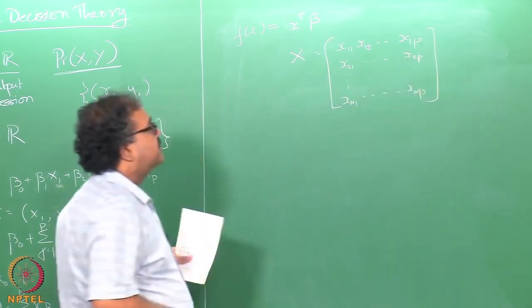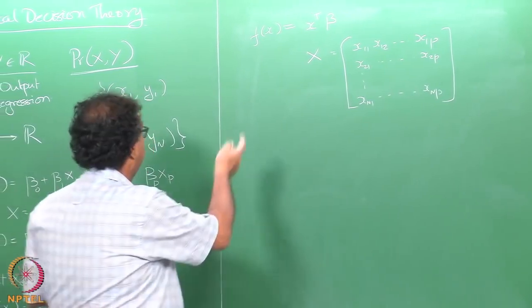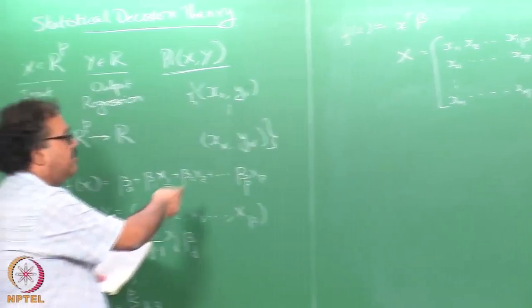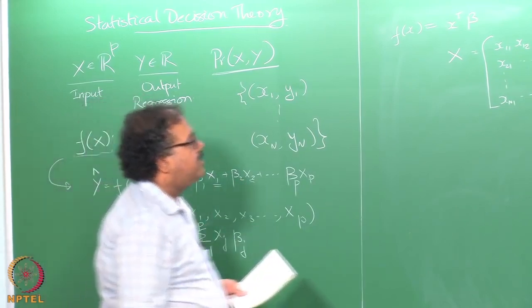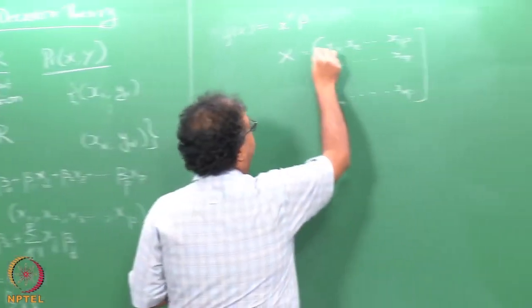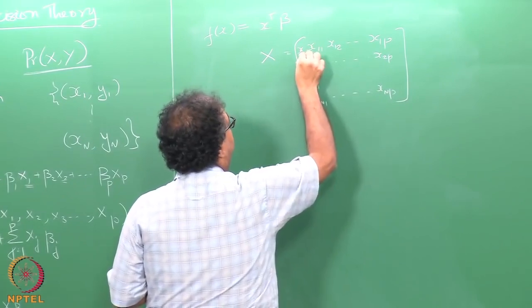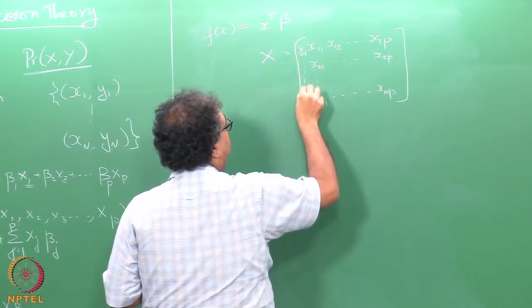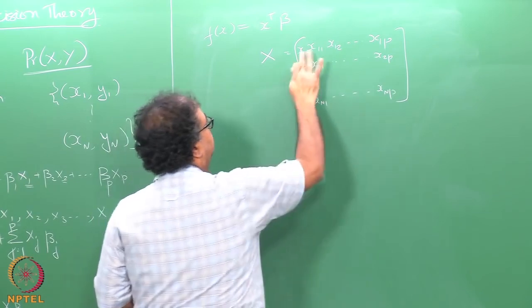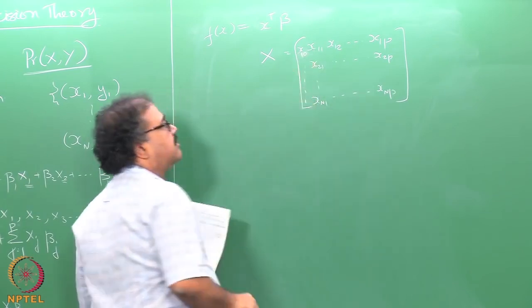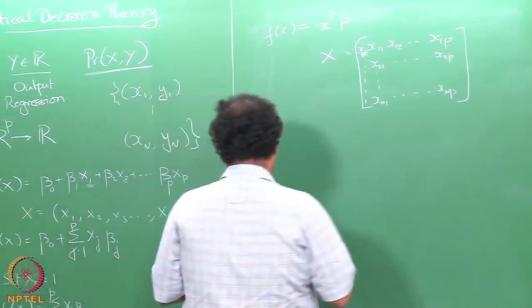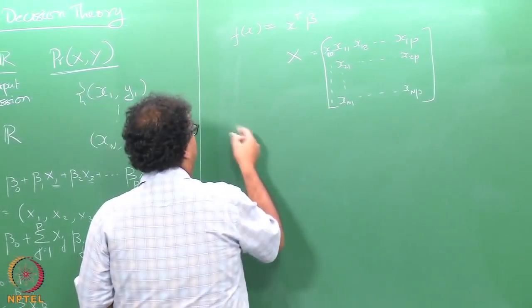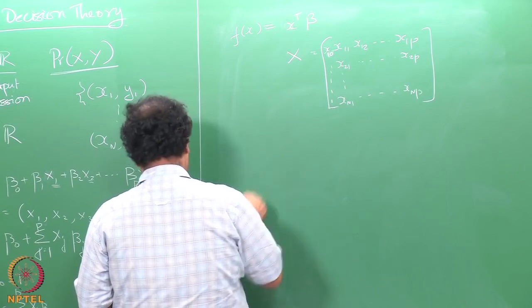X will be a matrix that looks like that, and my beta would be a vector of the coefficients, beta naught to beta p. So, I can look at the output as essentially being X beta.